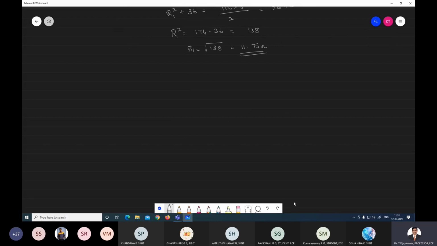practical parallel resonant circuit. The second derivation in parallel resonance is the practical parallel resonant circuit.